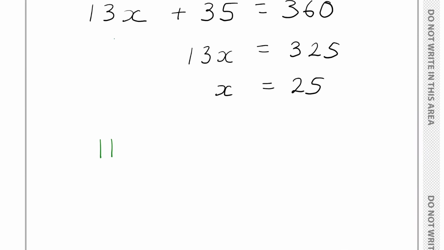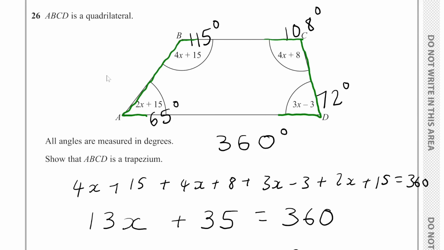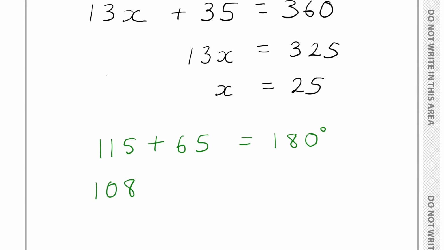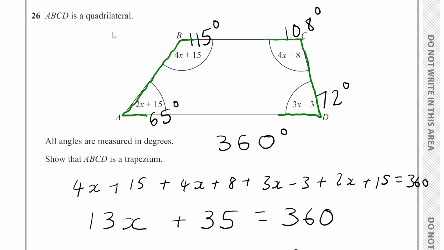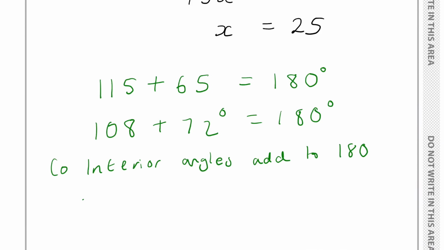So 115 plus 65 add up to 180, and 108 plus 72 add up to 180. So co-interior angles add to 180, and that means that we've got parallel lines, so B to C and A to D are parallel.